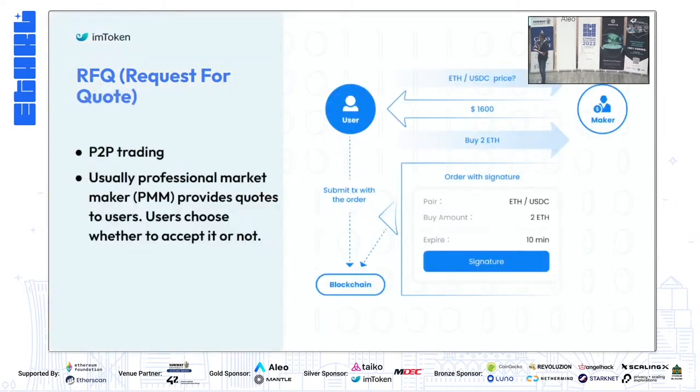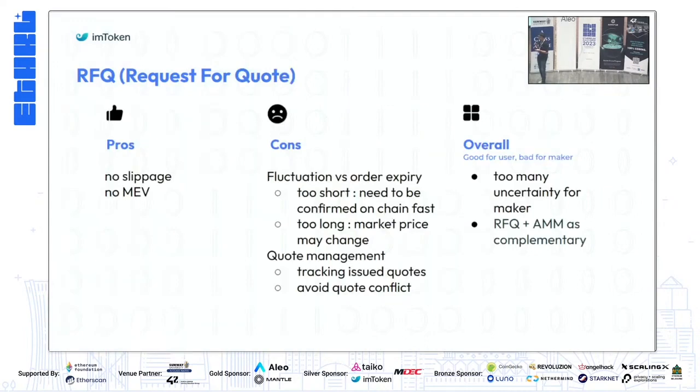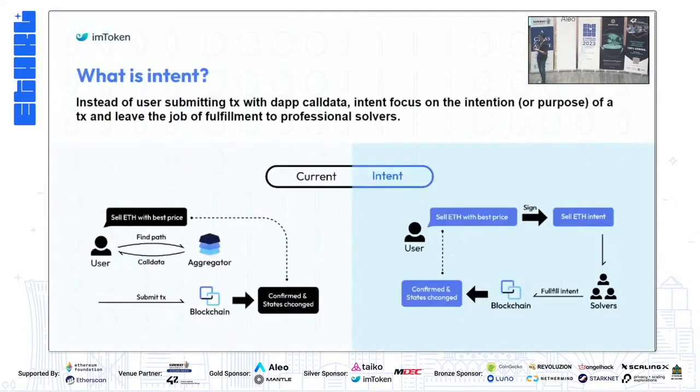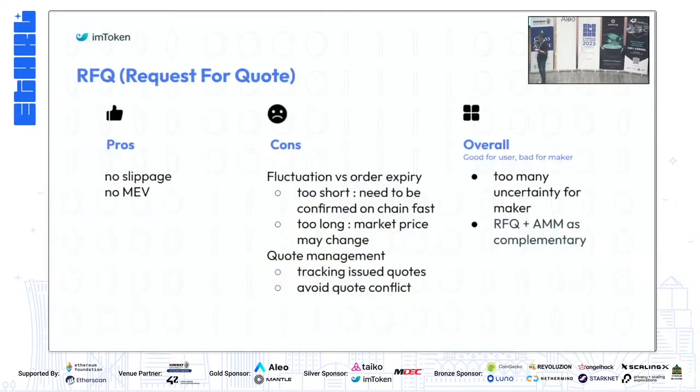Like we said, the price is fixed in the order. So if the valid time is too long and the market price changes, the price may be good for the user but bad for the maker. So the maker will be exposed to risk from that duration window. So it's a trade-off whether to choose a short valid window or a long valid window.